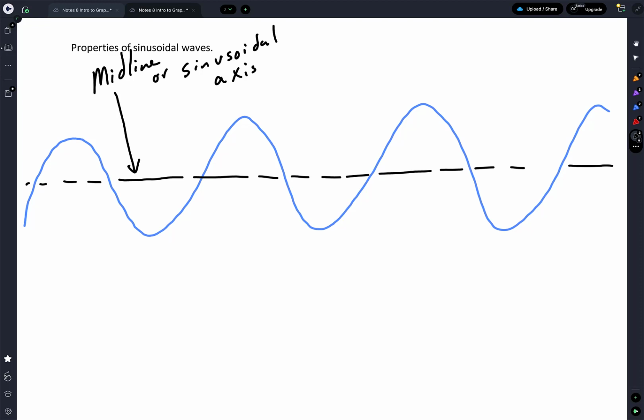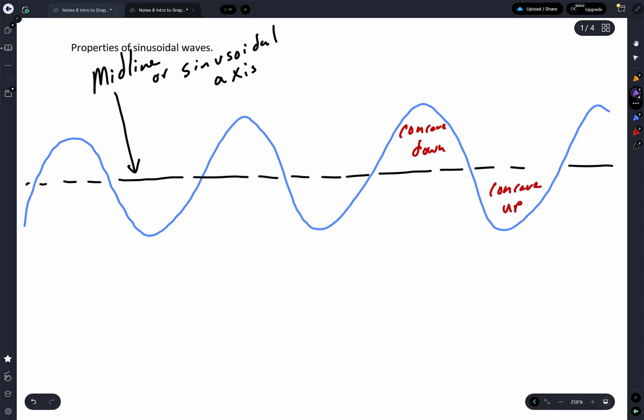Are we okay? When you were in Algebra 2 or maybe Algebra 1, you studied convex and all that stuff, concave up, concave down. Well, this is known up here as concave down, upside down bowl. And this is known as concave up. You have points of inflection.